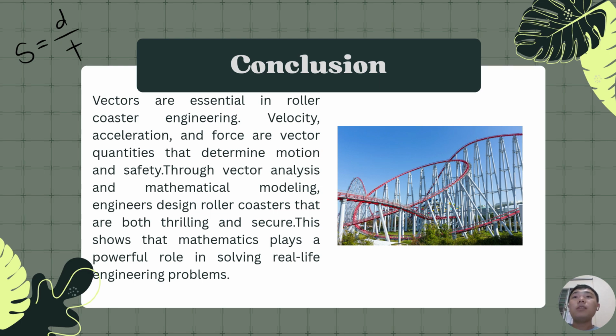By applying vector mathematics, engineers can design tracks more accurately, analyze the path of motion, improve safety, and create smoother and more efficient rides. So overall, vectors are important parts of roller coaster engineering because they help transform mathematical theory into real design application.